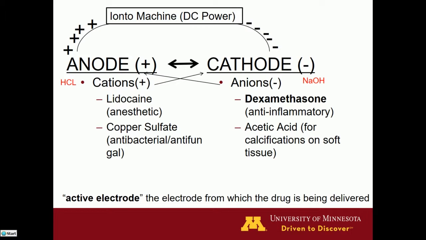If your medication is negative or an anion, such as dexamethasone, acetic acid, or a salicylate, then your active electrode is the cathode. In other words, your active electrode is the electrode from which the drug is being delivered.